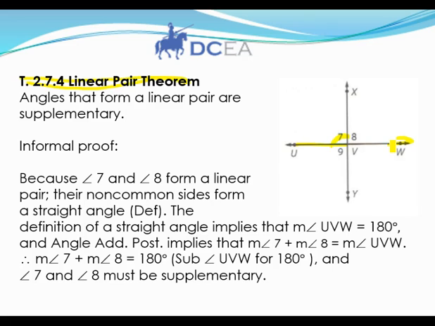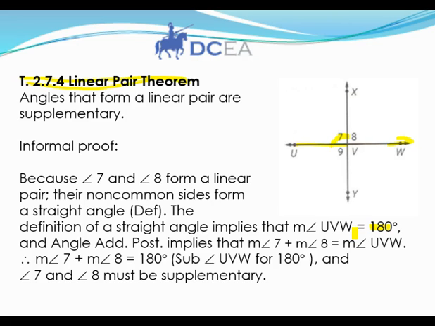The definition of a straight angle implies that the measure of UVW equals 180 degrees. The definition of a straight angle is 180 degrees, so this implies that these two angles that are supplementary also equal 180 degrees.